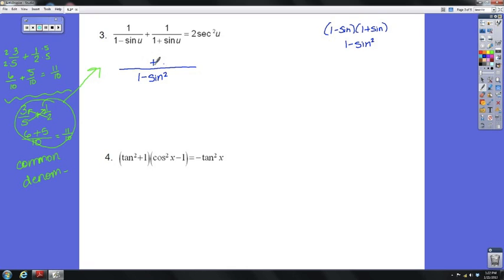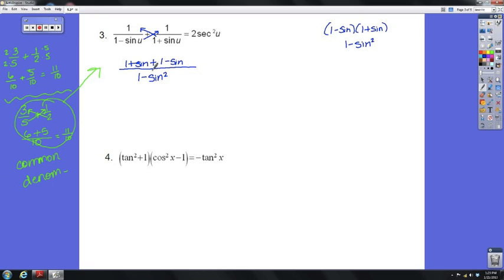Now, for your numerators, you're going to take 1 plus sine and you're going to multiply it times 1, which goes in the upper left hand corner. So 1 plus sine. And then you're going to take 1 minus sine and you're going to multiply it times 1 to go in the upper right hand corner. So 1 minus sine.